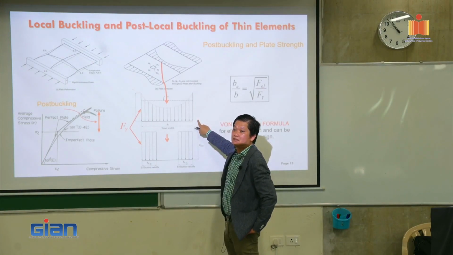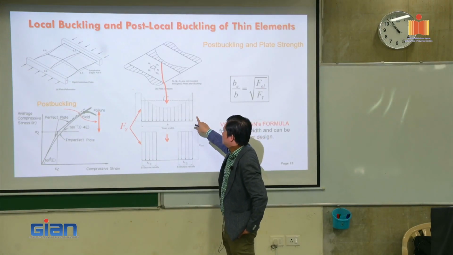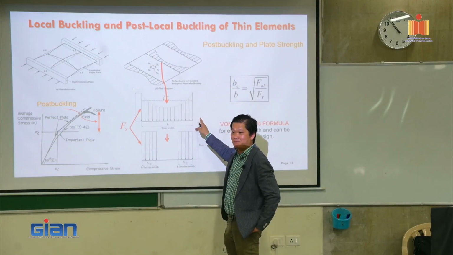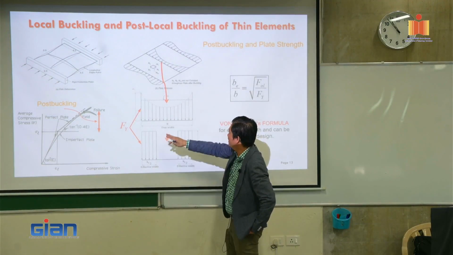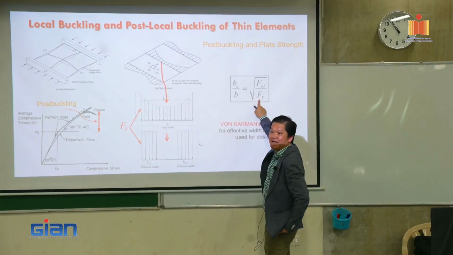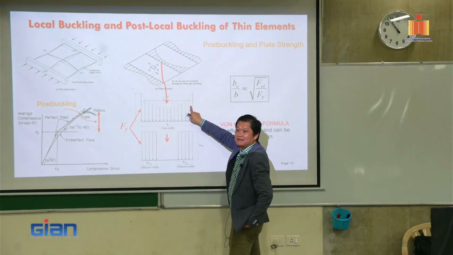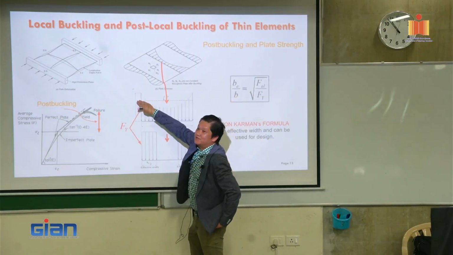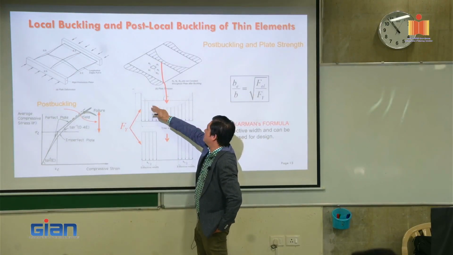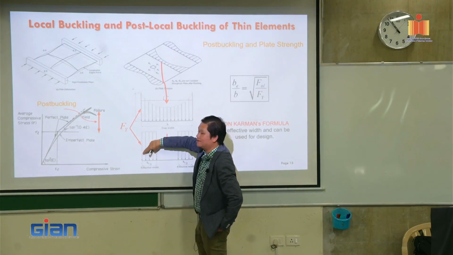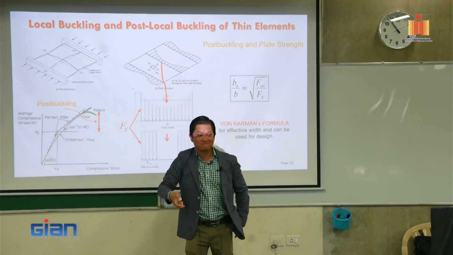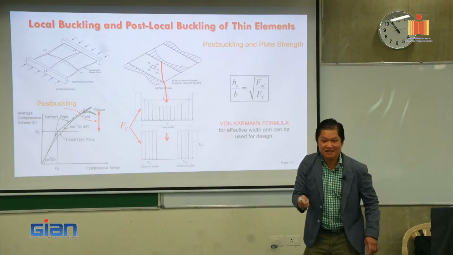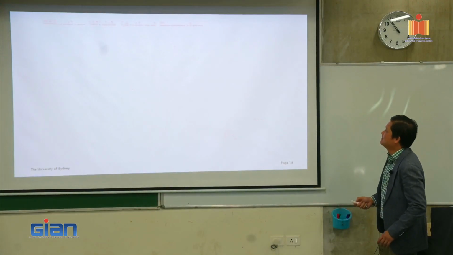So he said that if we reach Fy, then it buckles. That's why you can see F max here, and Fol is the average one here. So he said that this one will balance with that one and be equivalent. So that's how it works. Good. Any question? Right, we keep going.